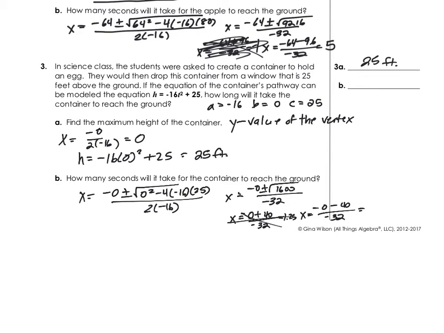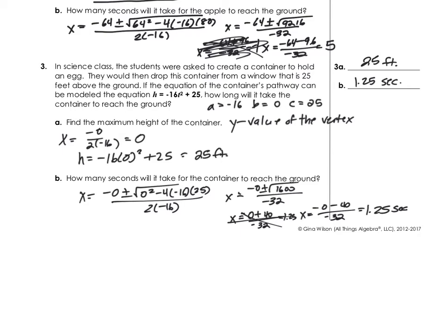And that is not going to be our answer because it's negative. We don't have negative time. Okay. Negative 40 divided by negative 32 is positive 1.25 seconds. So it took this container 1.25 seconds to reach the ground.